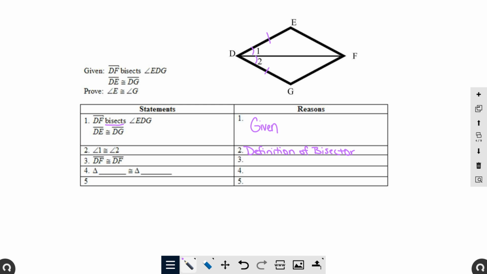So we need to mark those segments as equal to each other. Okay, statement 3. DF is congruent to DF. Well, that's what? Reflexive. That's this middle line that they share. That is our reflexive property. Very good.